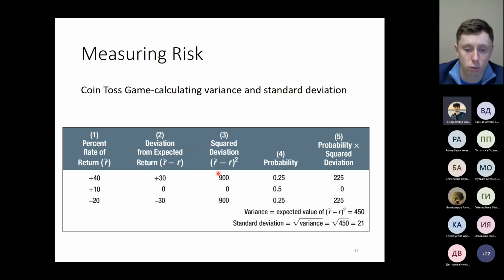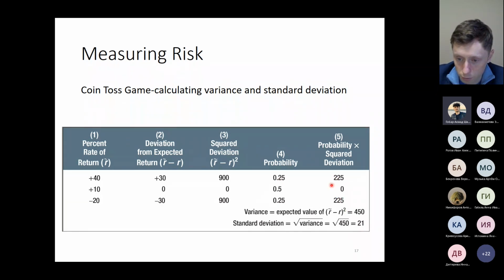The next step is to go for the squared estimations in order to, as I told you, consider both positive and negative deviations. Then we multiply them by the probability of these outcomes. This is how we got 225, by multiplying 900 by 0.25.